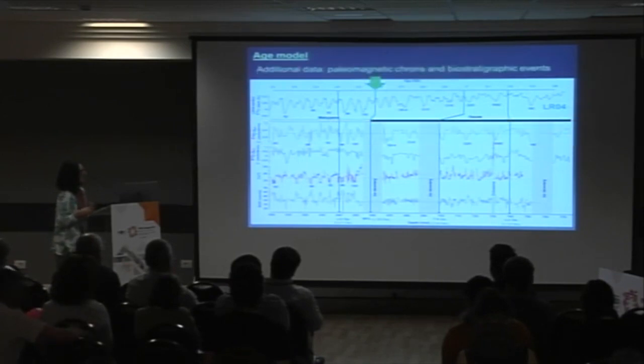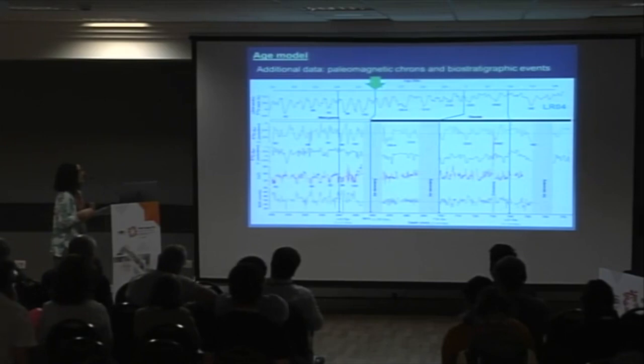And we also use the paleomagnetic data. Unfortunately, we have 3 no recovery intervals from the drilling. And the transition from Gauss to Matsuyama falls within one of these no recovery intervals. But we know this part is the Pliocene and this part is the Pleistocene.